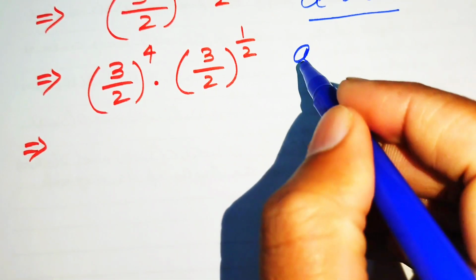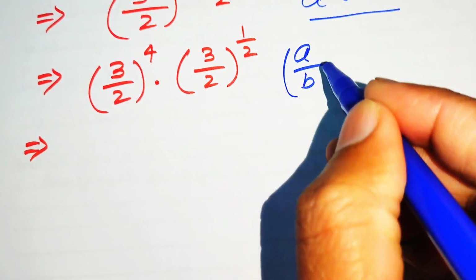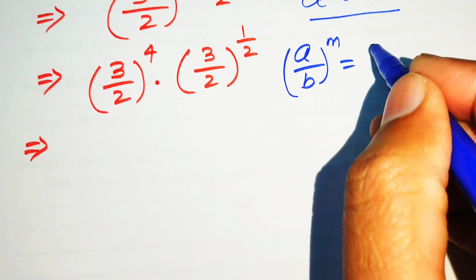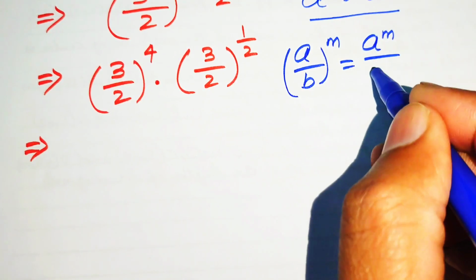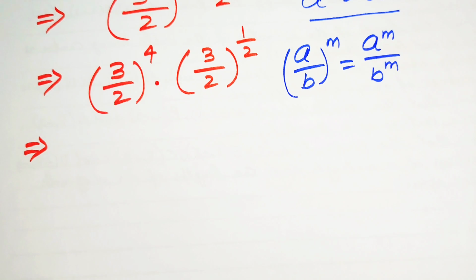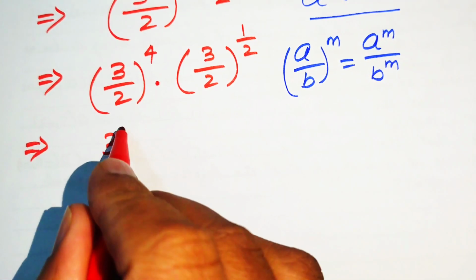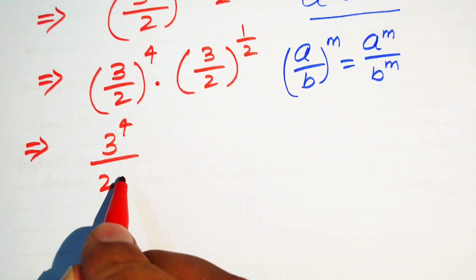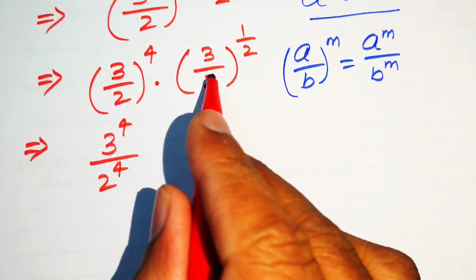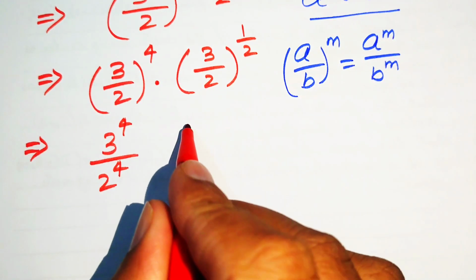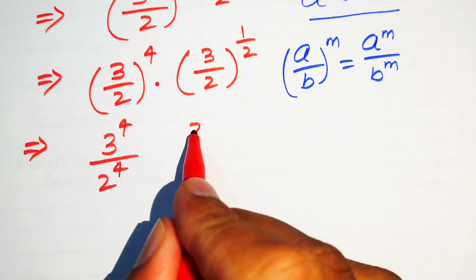Now first we separate these two fractions, and we apply another exponential law: if we have a over b to the power of m, we write it as a to the power of m divided by b to the power of m. According to this law, we write this term as 3 to the power of 4 divided by 2 to the power of 4, and we write the other number in radical form because this is in exponential form.